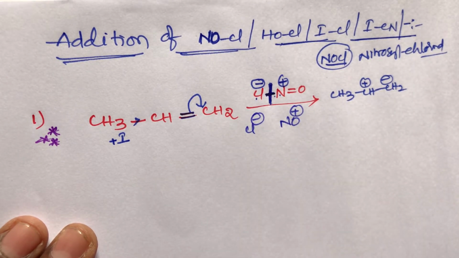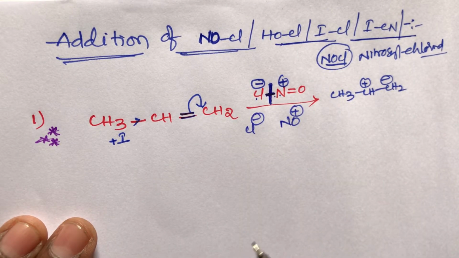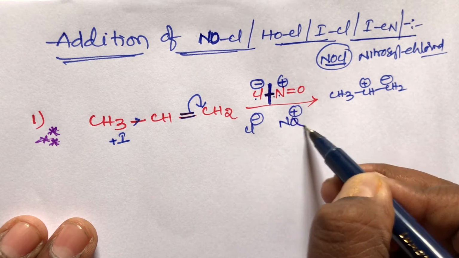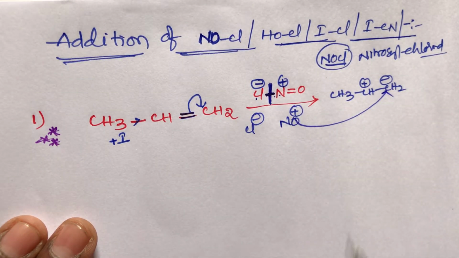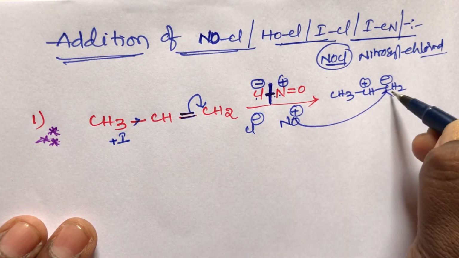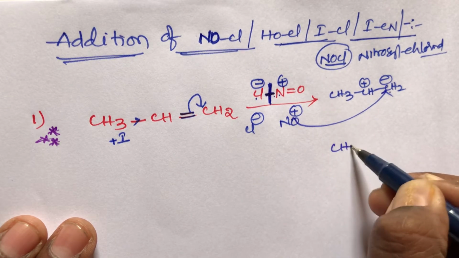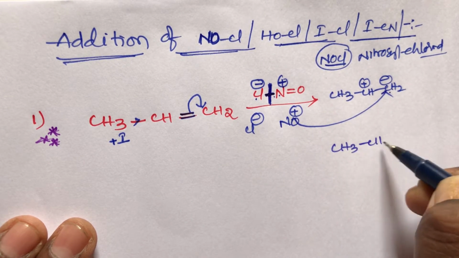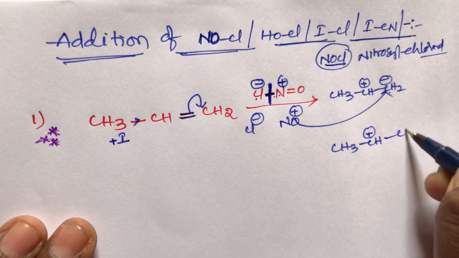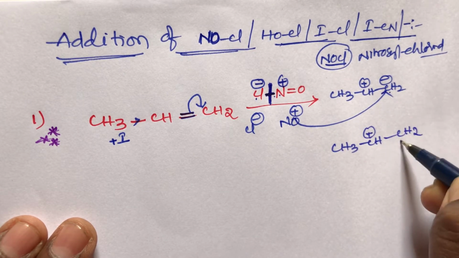In electrophilic addition reaction, the first attacker is the electrophile. The electrophile will attack this position. We get the intermediate carbocation CH3 CH plus then CH2NO.